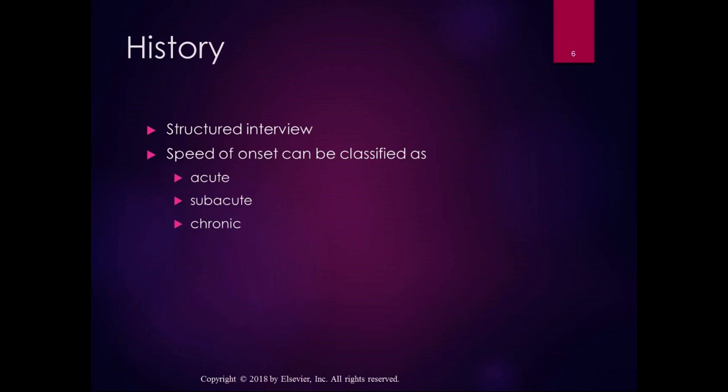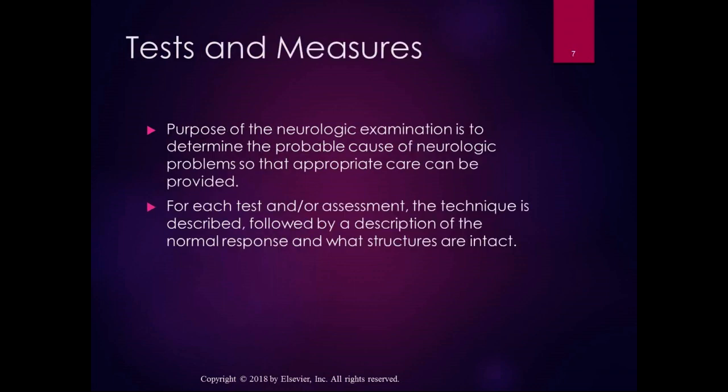So given a short case study, I would like you to be able to classify whether the onset was acute, subacute, or chronic. The purpose of the tests and measures in a neurological examination is to determine the probable cause of neurologic problems so that appropriate care can be provided.